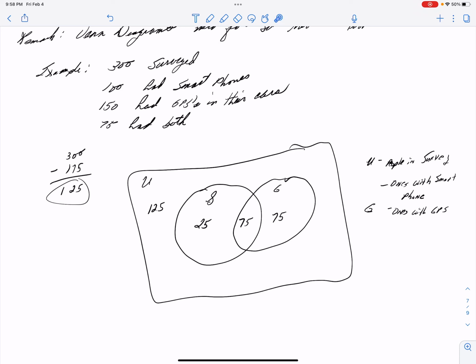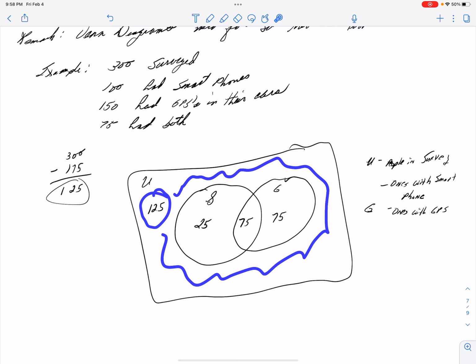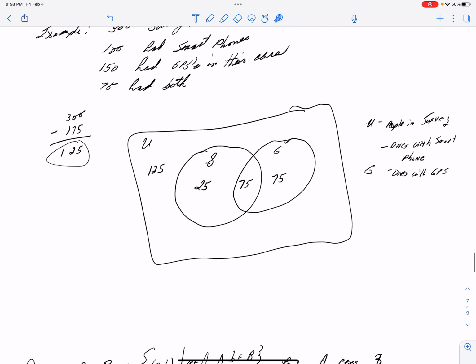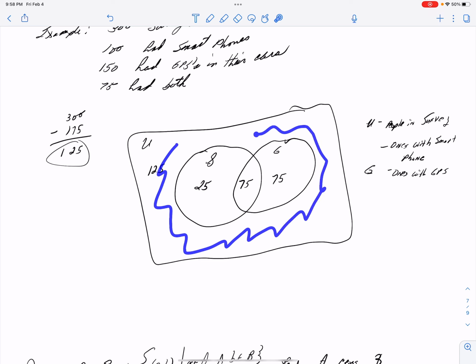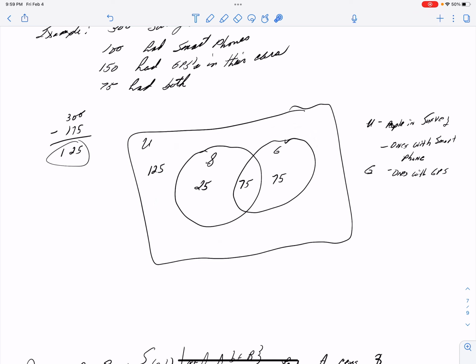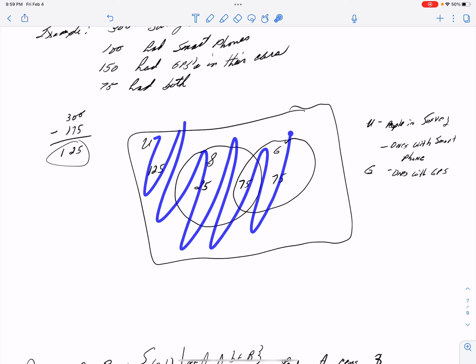And that gives me 125. Hence, there are 125 sitting out here in the boundary. Now remember, this is not the universal set. The universal set contains everything.